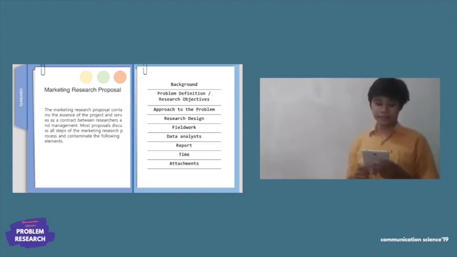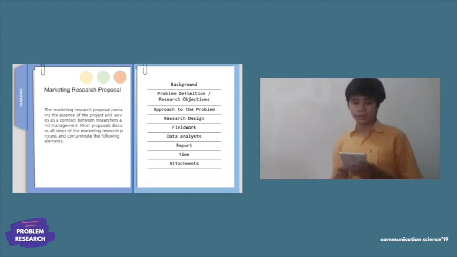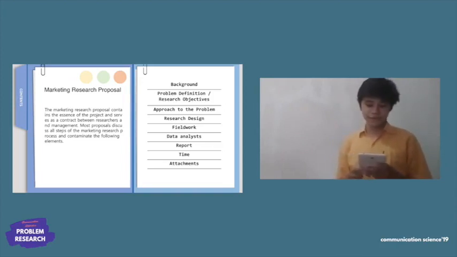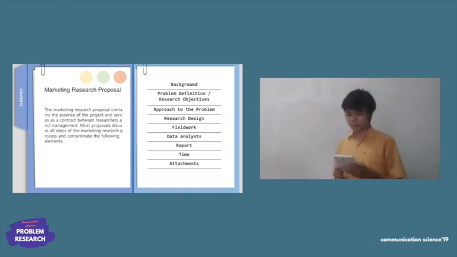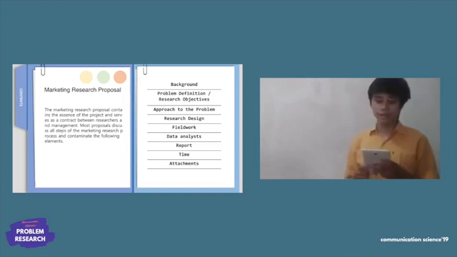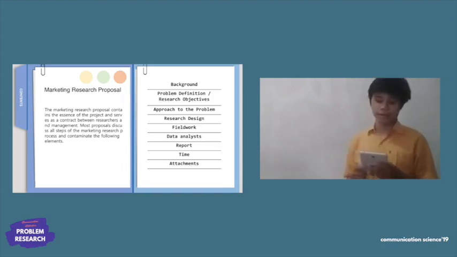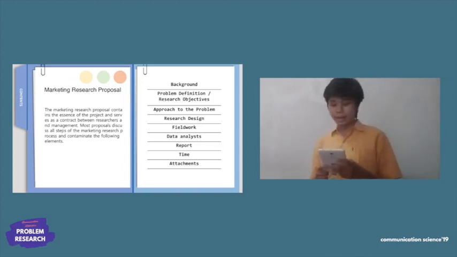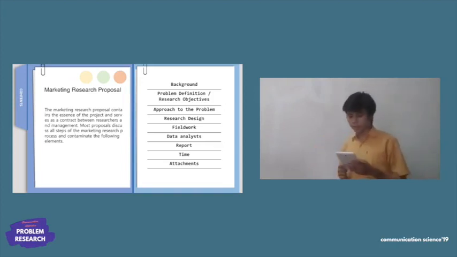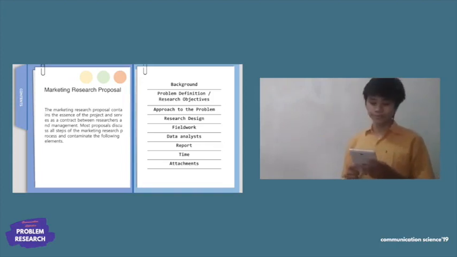Fifth, sampling plan and sample size. Sixth, fieldwork or data collection, gathering data mostly. Seventh, data analysis. The type of data analysis to be performed: simple cross tabulation, univariate analysis, multivariate analysis, and how the results will be interpreted must be explained.